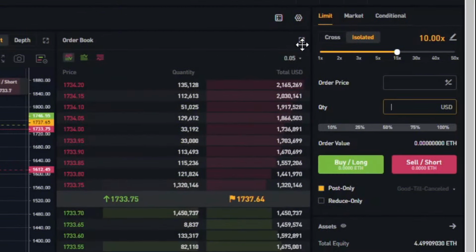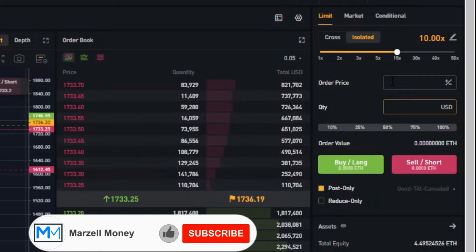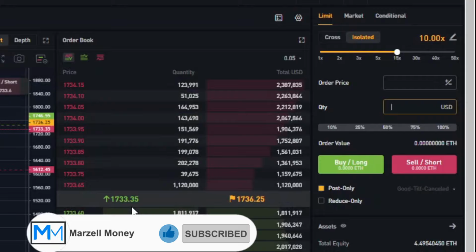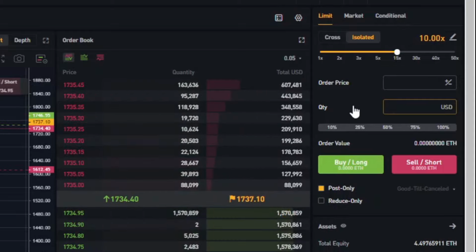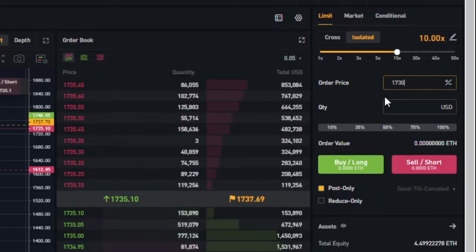So let's look at some trade examples using a limit order, a market order, and a conditional order. First, let's look at a limit order. We can see the current price here for Ethereum is $1,733. But let's say, hypothetically speaking, we wanted to enter this trade when the price dips to $1,730. So what we could do is put $1,730 into the limit order.